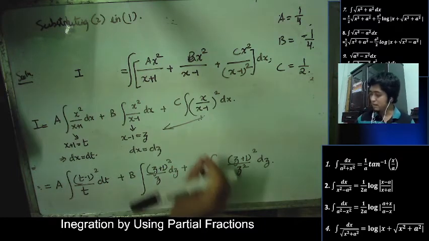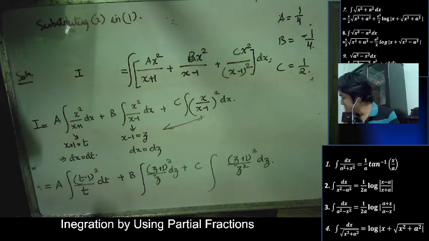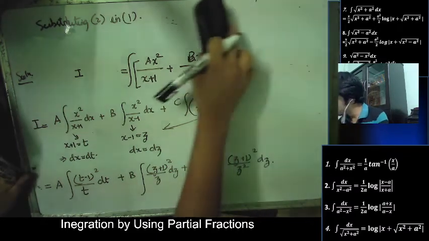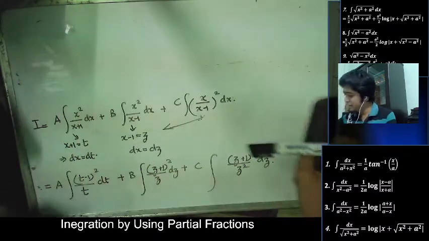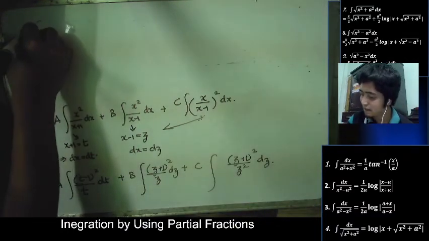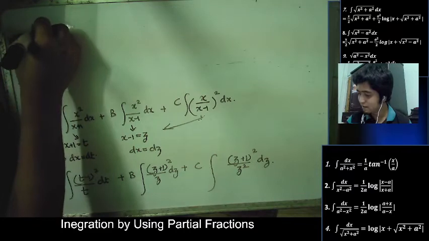So this is what we are having. I erased the value of a, b, and c, but anyways, you can always substitute it at the end. You just need to remember what they are.